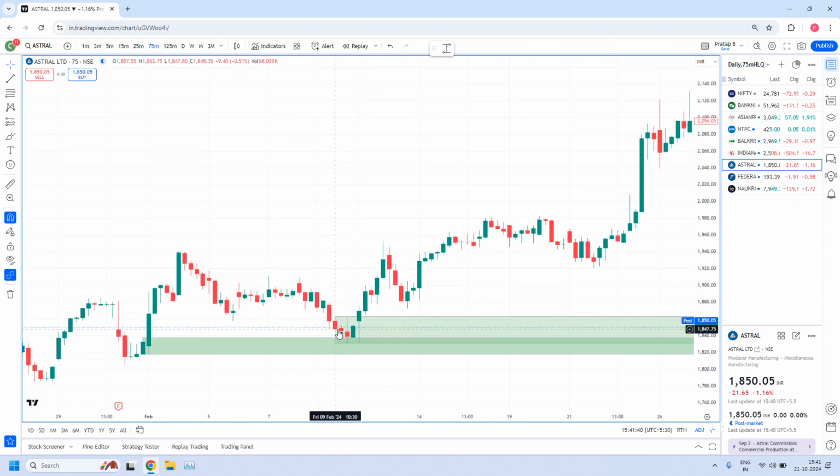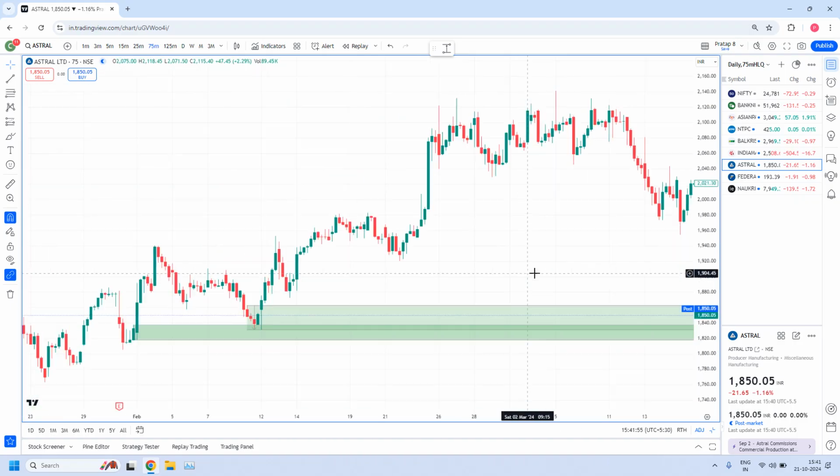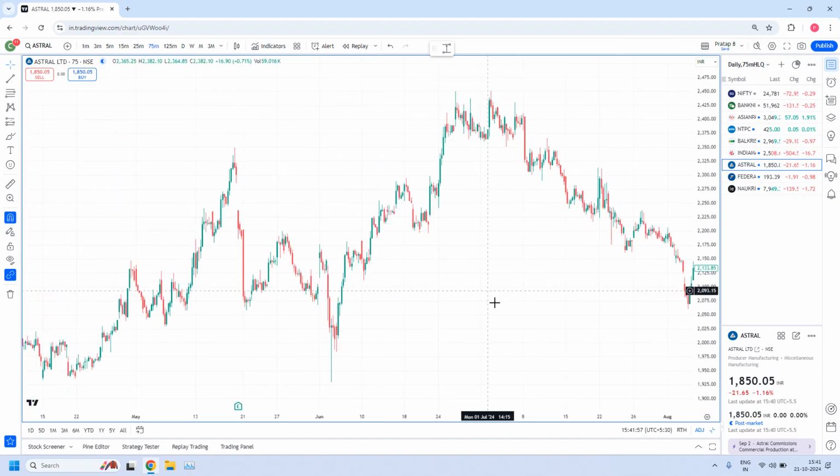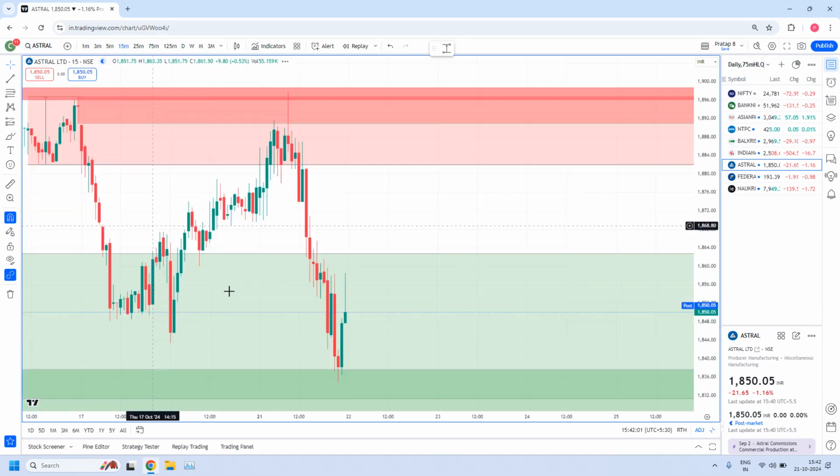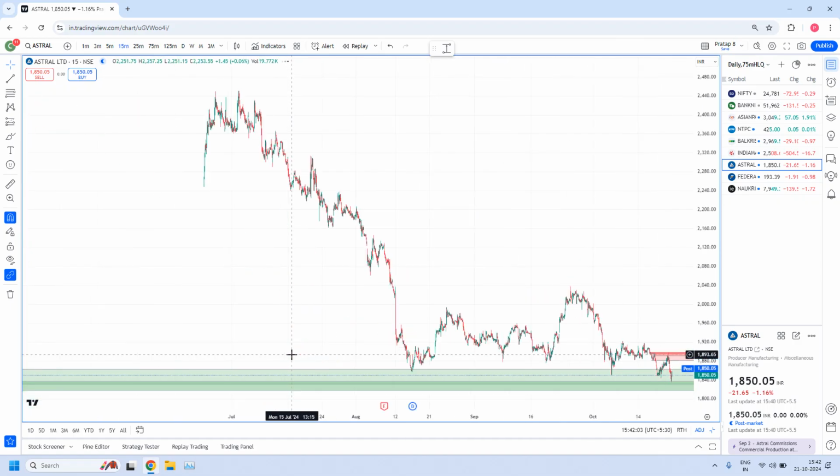We have a drop, 1, 2, 3, 4 candles, and again a leg out candle. Here you have a 15-minute zone overlapped with this 75-minute zone. This 15-minute zone is the origin to this 75-minute zone, that we will see in the 15 minutes time frame. So let me go to the 15 minutes time frame.